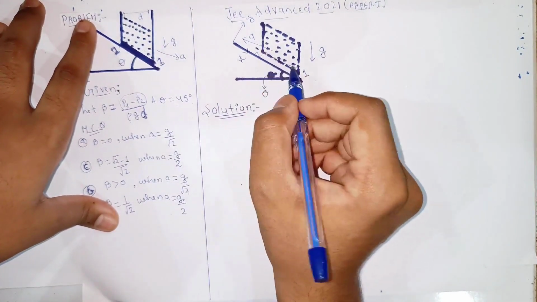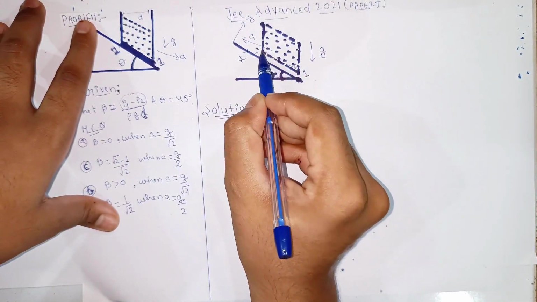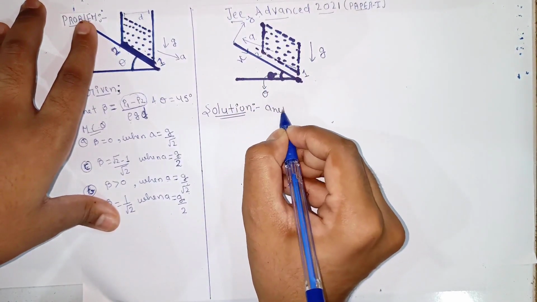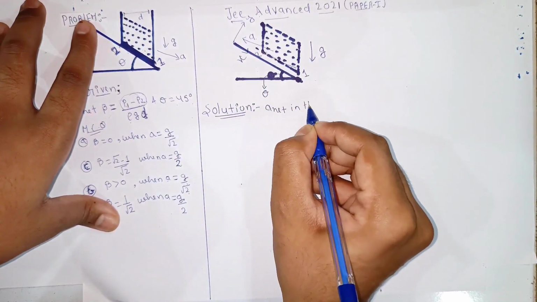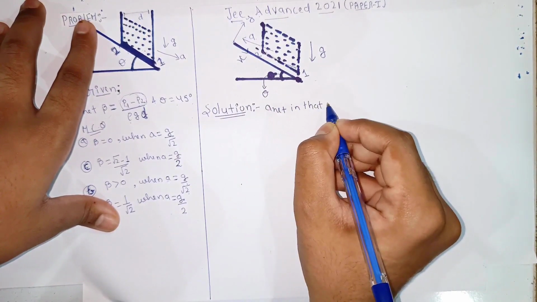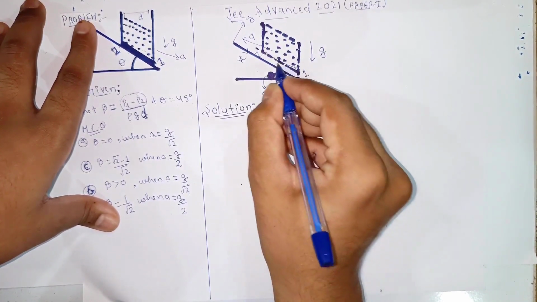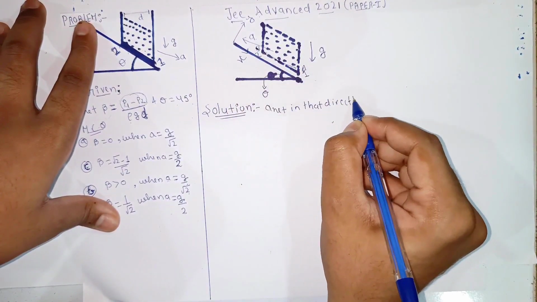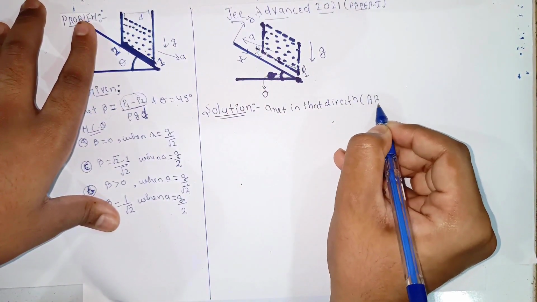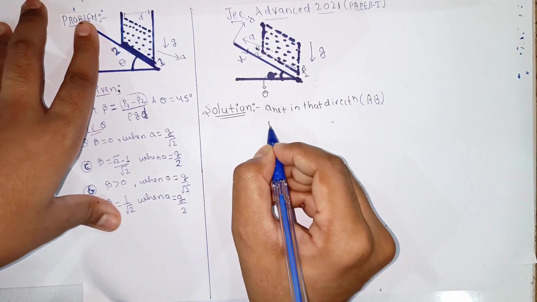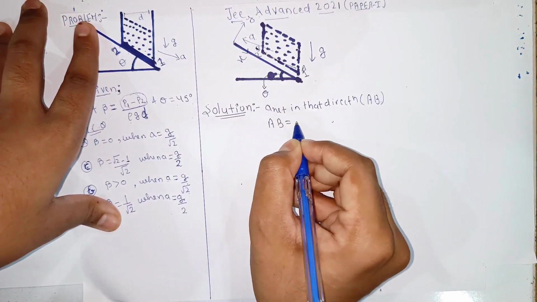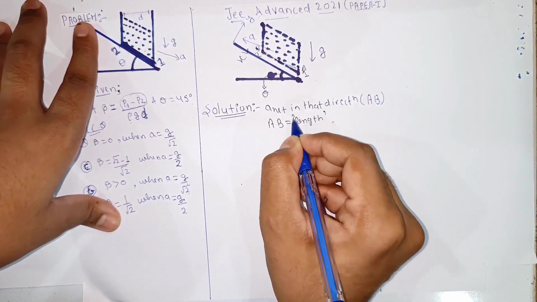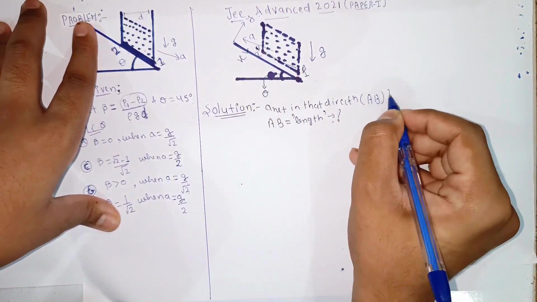So to travel along this direction, first we need the net acceleration in that direction, meaning if, let us say, this is point A and this is point B, in the AB direction, and we also need the length of AB. Both of these we are required to know.